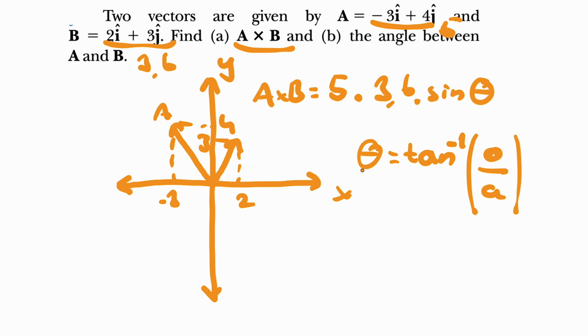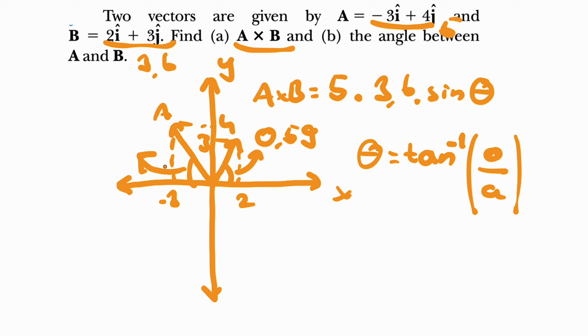So for vector A, that's about 0.59. This is not in degrees, by the way, this is in radians.